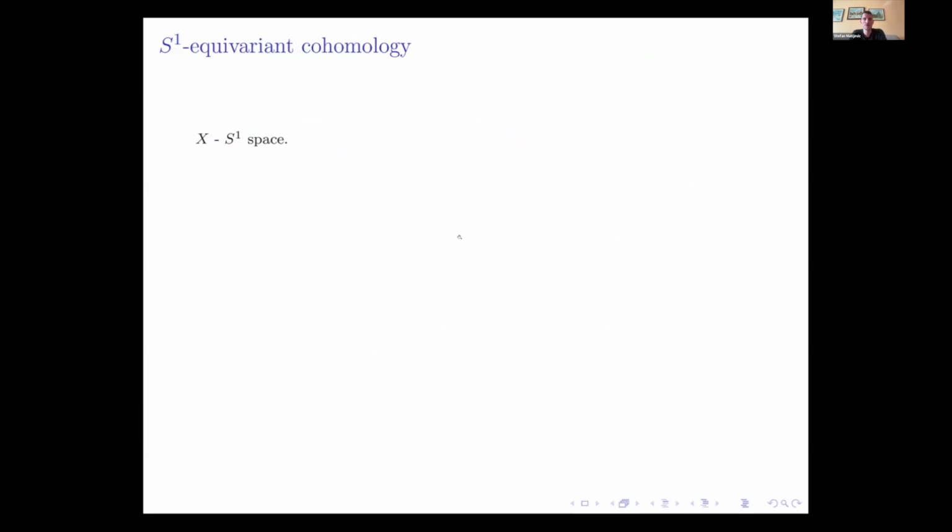So first we have to define S1 equivariant cohomology to see what it means. So we take now an S1 space, which means, for instance, we have a paracompact topological space on which we have an S1 action. That action does not need to be free, but we want to make it in a way free. So we choose a contractible S1 space on which we have a free S1 action.